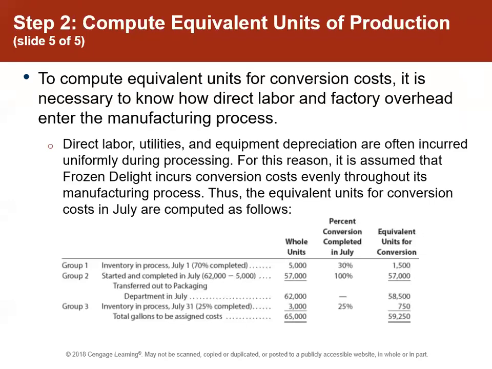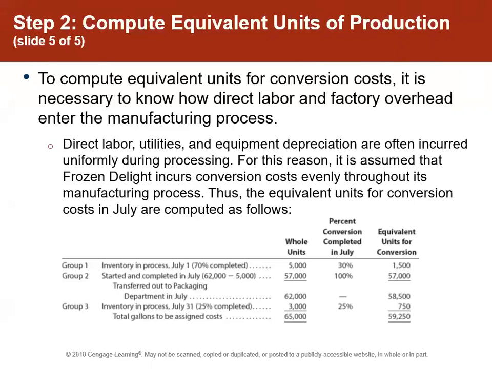Okay, so beginning inventory equivalent units are 5,000 times 30%, or 1,500. Group 2 is always easy, started and completed, 57,000, 100%, 57,000. Ending inventory, they tell us we have those 3,000 units, they're 25% completed, and they'll always give you the completions.